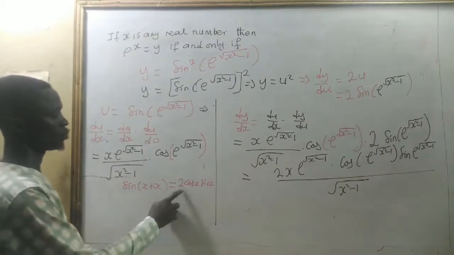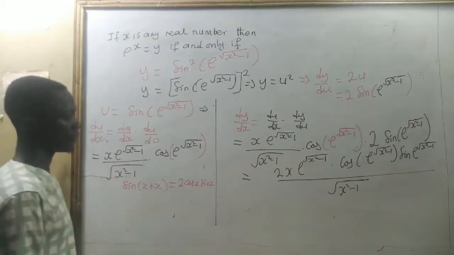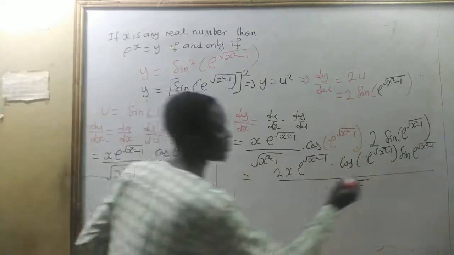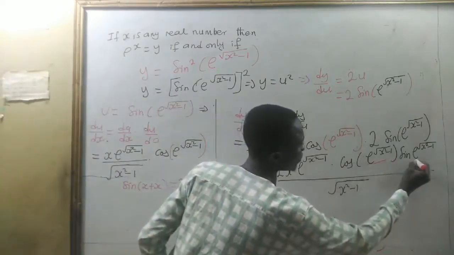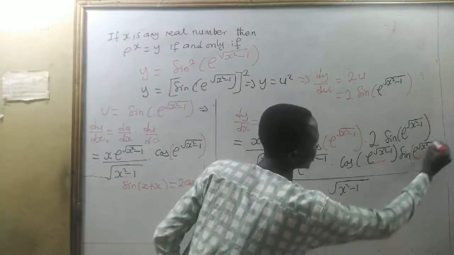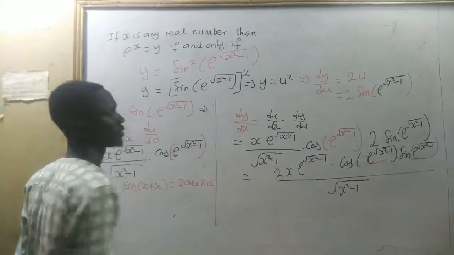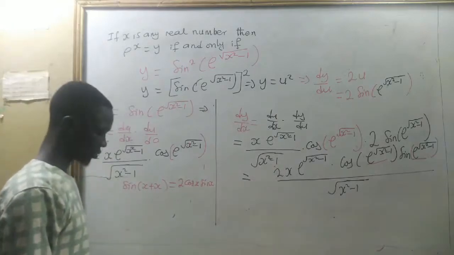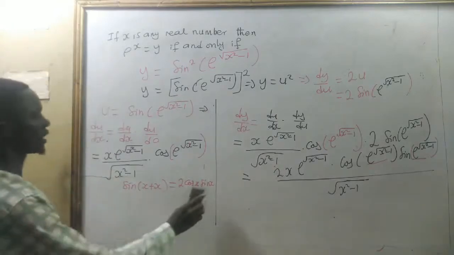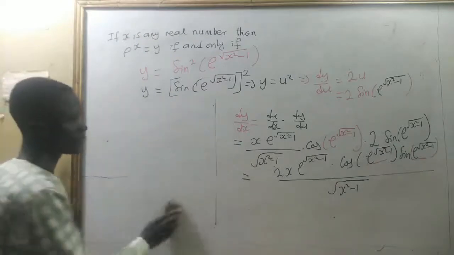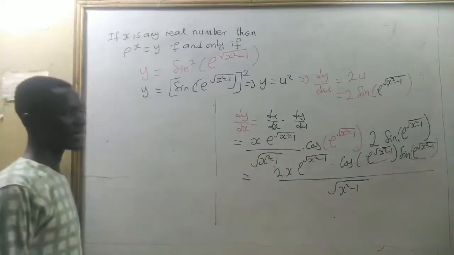Now, here, if we look at the angle that we've got in here, you see this angle, and we have 2 in front here. So you can do something with that to simplify our answer further.